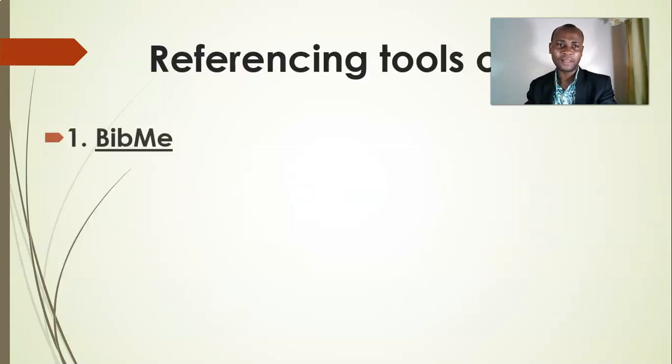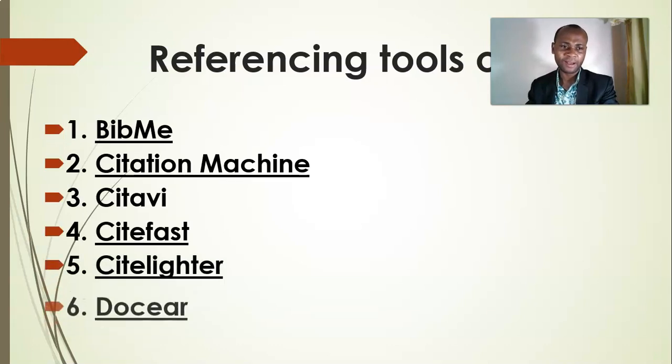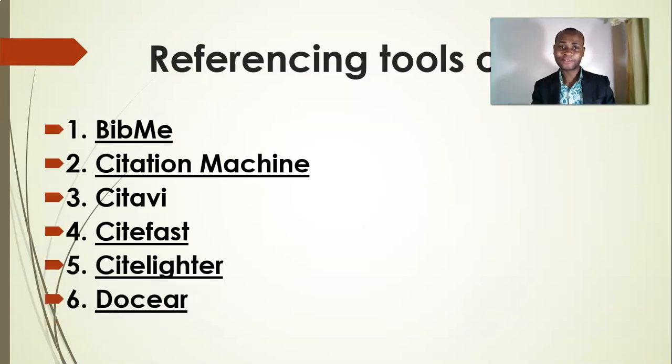Okay, so some online tools you can use. These are online websites that can automatically generate the reference style you are looking for. For example, if you click here, you go to BibMe, and then you open the link.